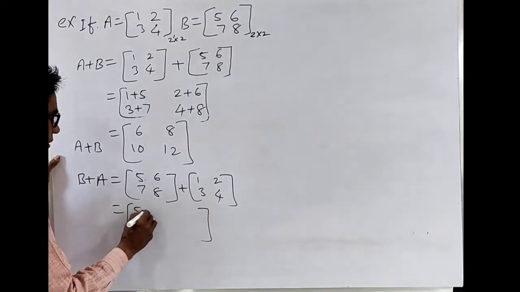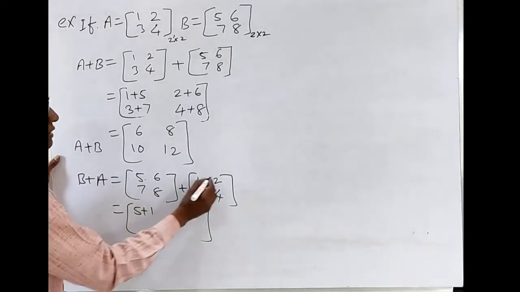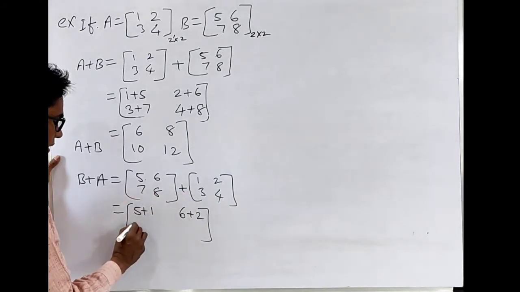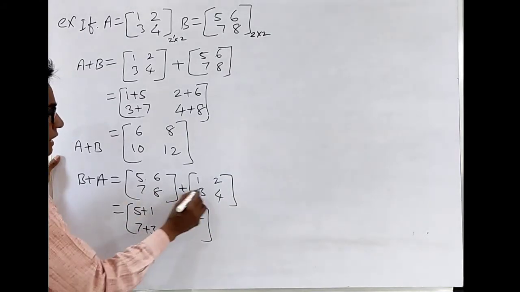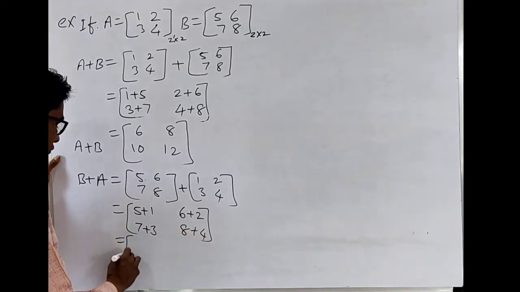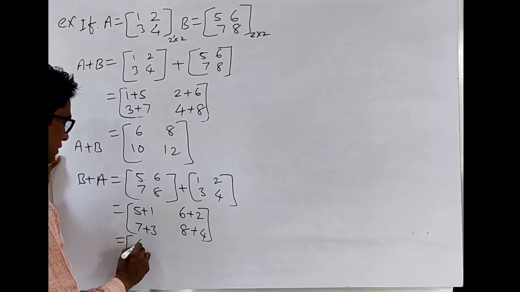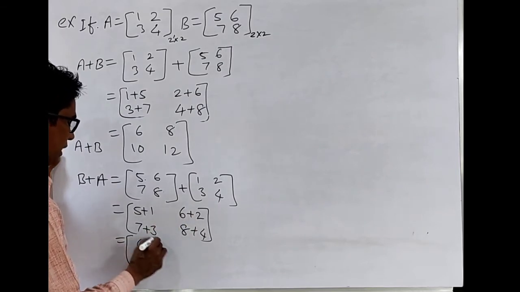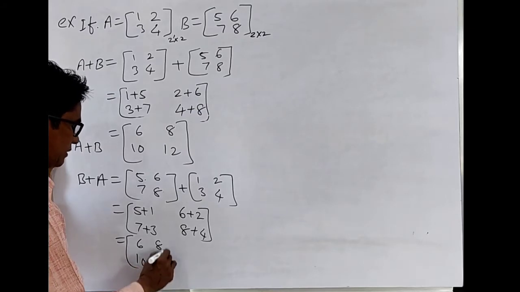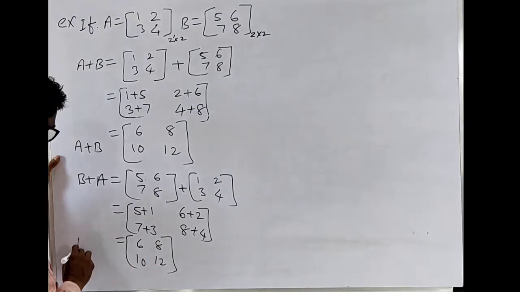That means 5 plus 1, 6 plus 2, 7 plus 3, and 8 plus 4. So it will be 5 plus 1 is 6, 6 plus 2 is 8, 7 plus 3 is 10, and this is 12.